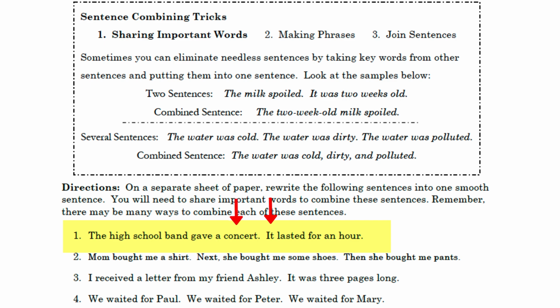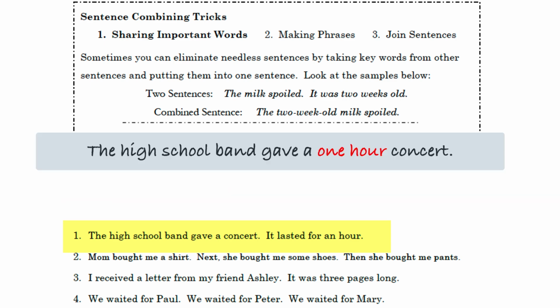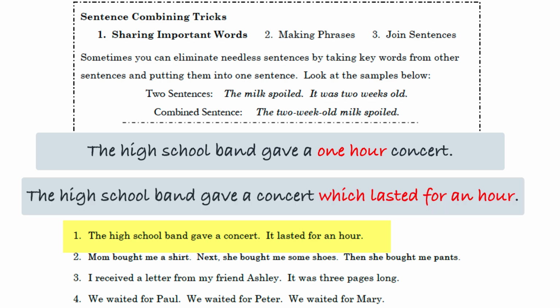Just put them together and don't waste two sentences saying something you could have said in one. So you could have just said, the high school band gave a one-hour concert. Or, the high school band gave a concert which lasted for an hour. Either way, you're giving the same information and you're doing it more efficiently.